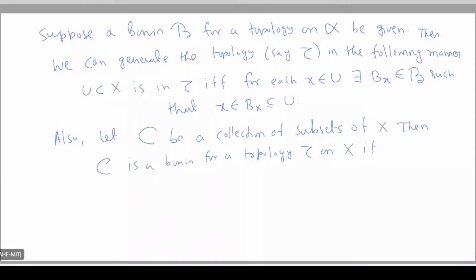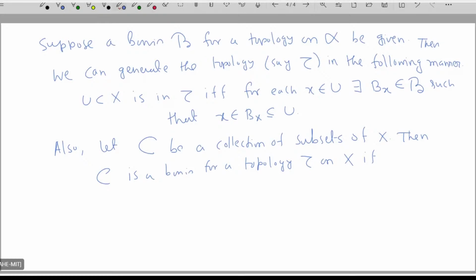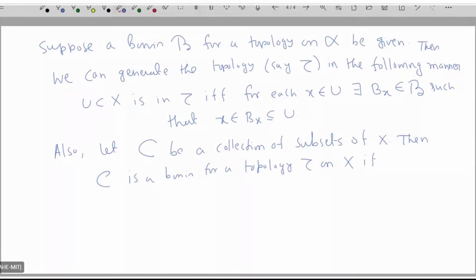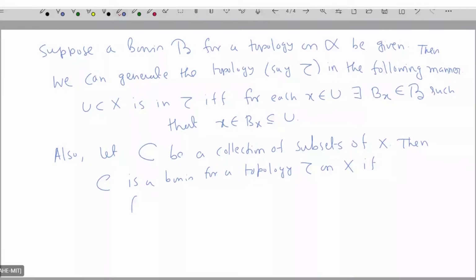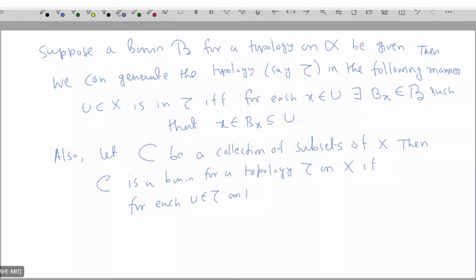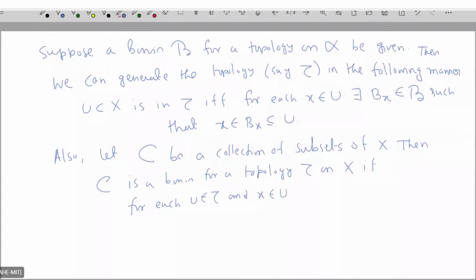What is the criteria? If for each U belongs to tau and x belongs to U, we have an element Bx belongs to C such that x belongs to Bx contained inside of U.